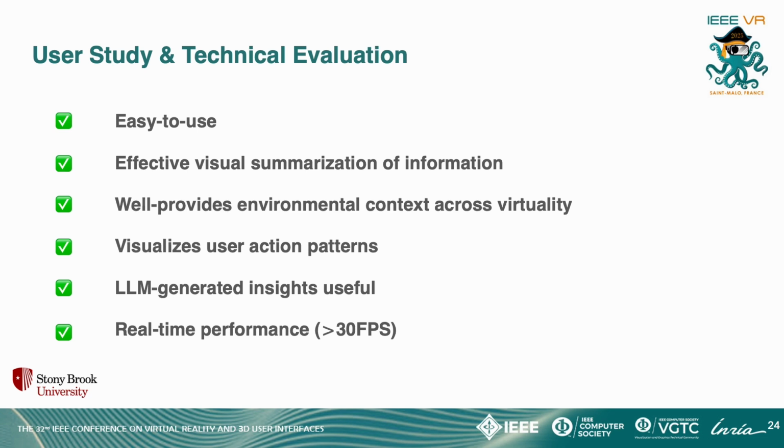Also, it shows that it does well on providing situational context behind every action and pattern. Then, the users also found our LLM-generated insights helpful. In our technical evaluation, it showed that our framework is able to maintain real-time performance.